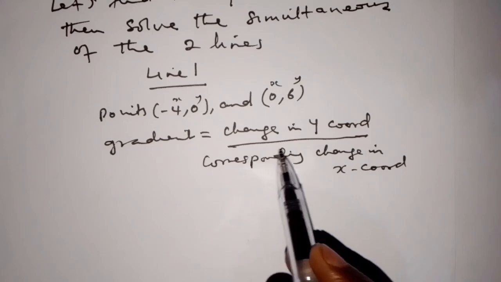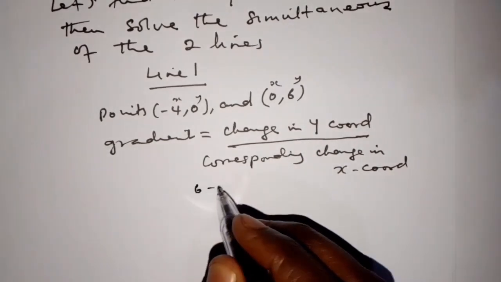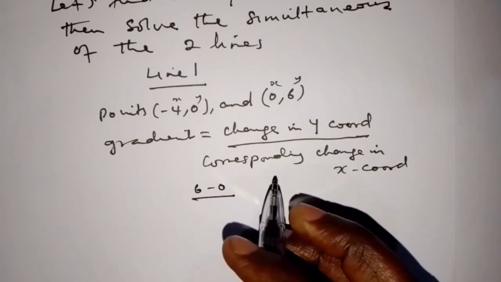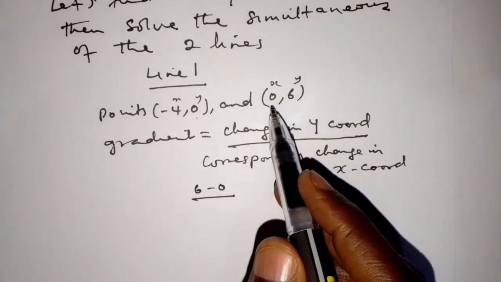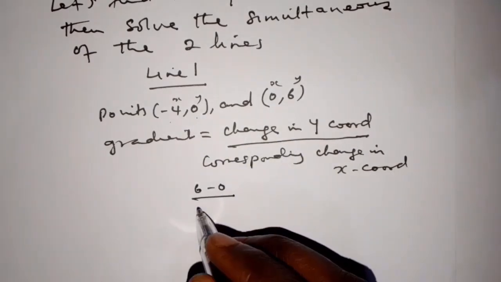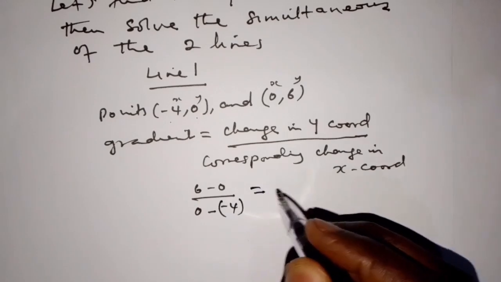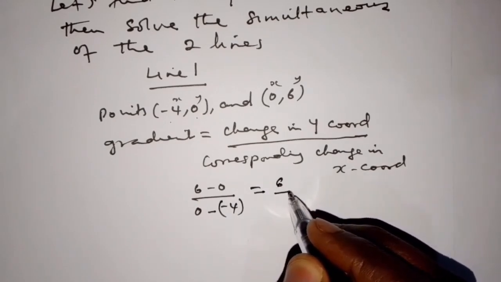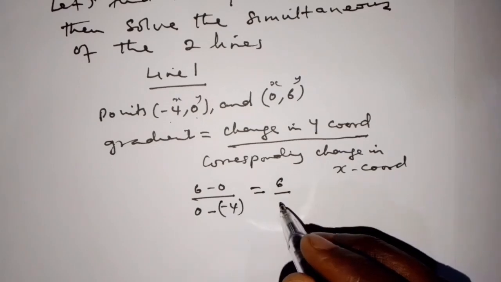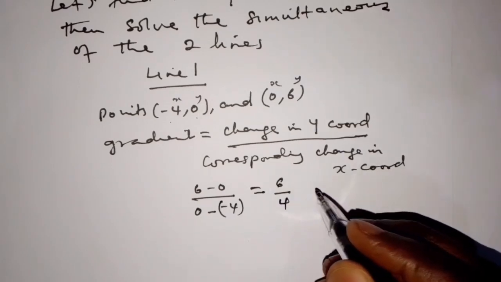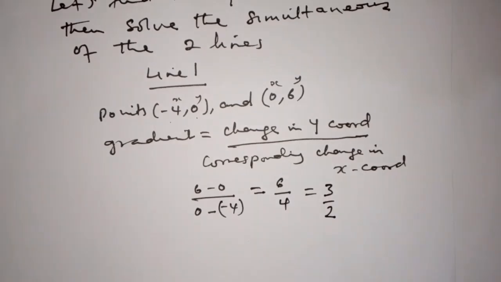So gradient is change in y coordinate, that is 6 minus 0 over 0 minus 4, which is giving us 6 over negative 4 is positive 4... 6 over 4, which is giving us 3 over 2.